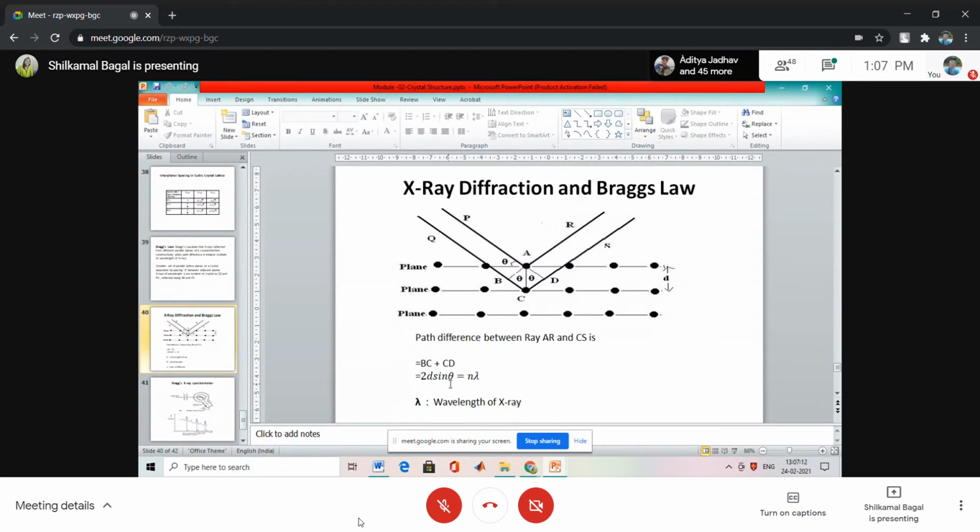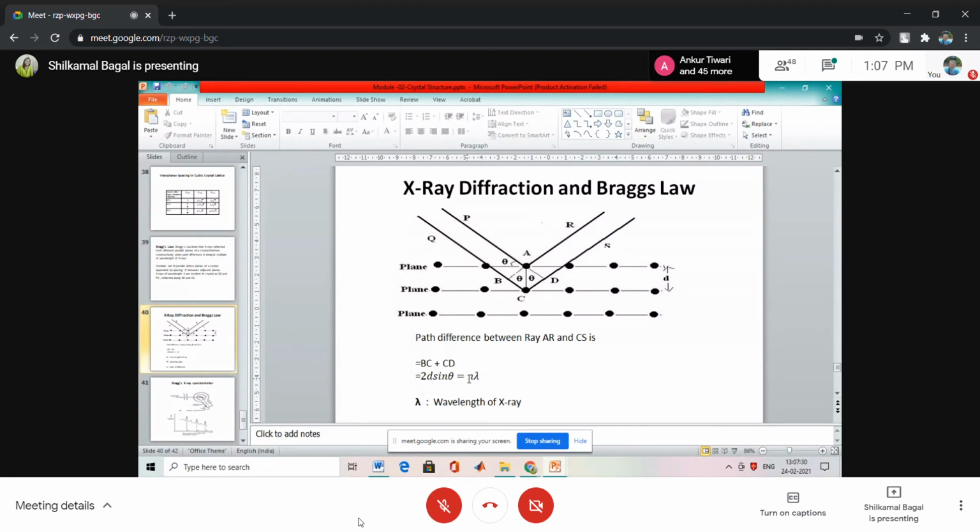And for constructive interference or constructive diffraction, diffraction is nothing but the mutual interference, so the same conditions of interference are followed by the diffraction. For maxima, this path difference must be an integral multiple of the whole wavelength.